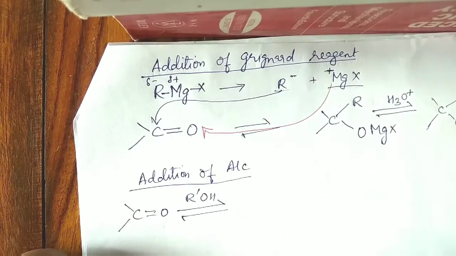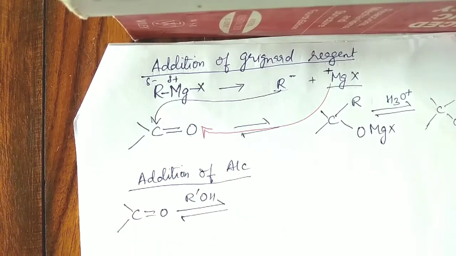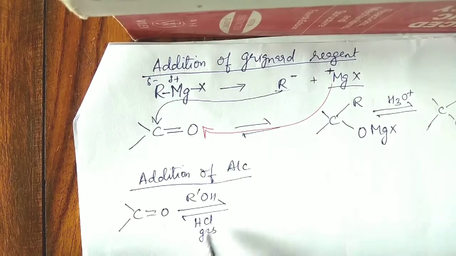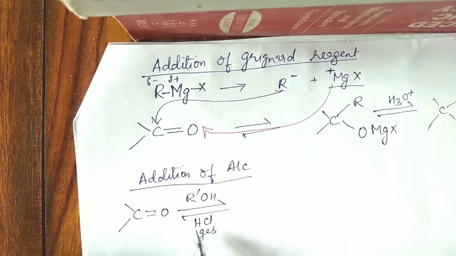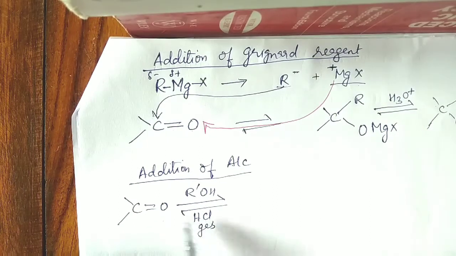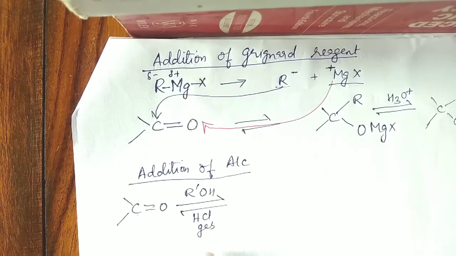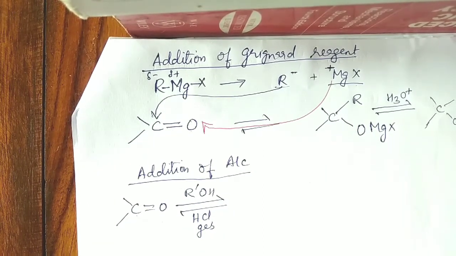Now why is alcohol behaving as a nucleophile? Because it has oxygen which has two lone pairs of electrons, and the reaction takes place in presence of dry HCl gas. The purpose of taking dry HCl gas is that it protonates the oxygen and increases the electrophilicity of carbon. So HCl gas increases the speed of the reaction, or it facilitates the product formation.